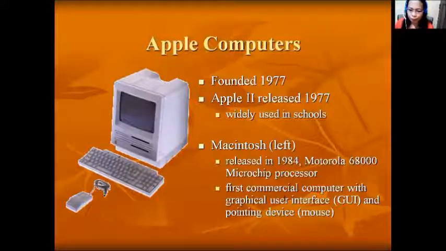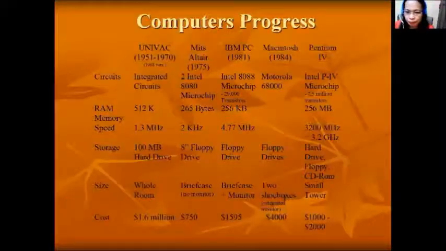Okay? Next, just to summarize again, the computer progress. We have the Univac, we have the MITS Altair, we have the IBM PC, we have the Macintosh, and we have the Pentium 4.